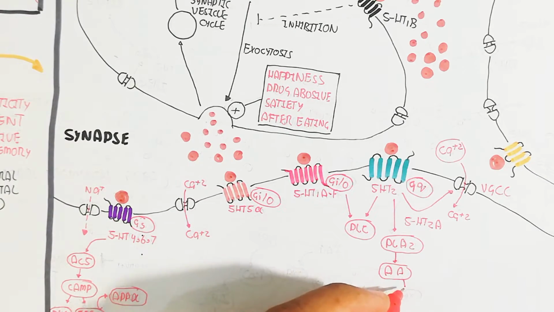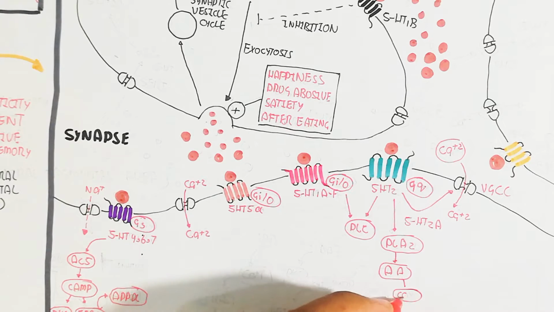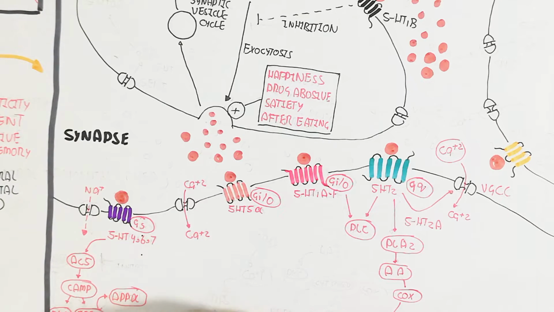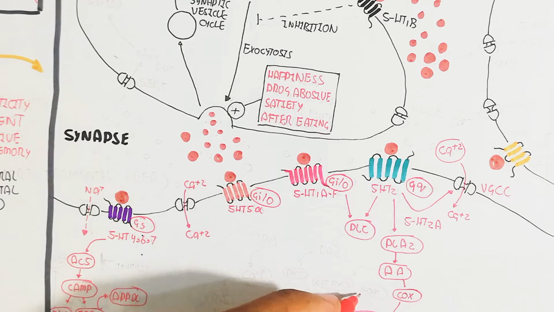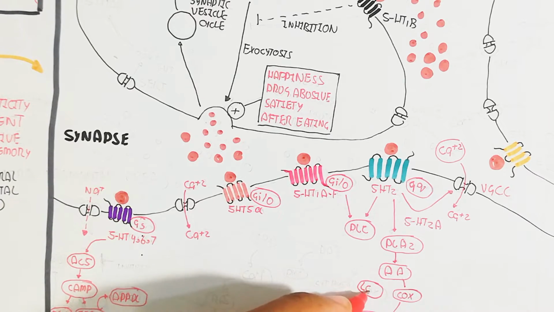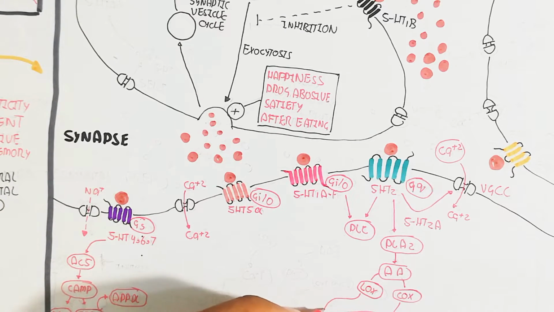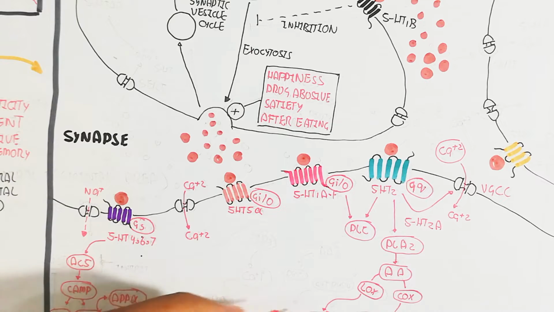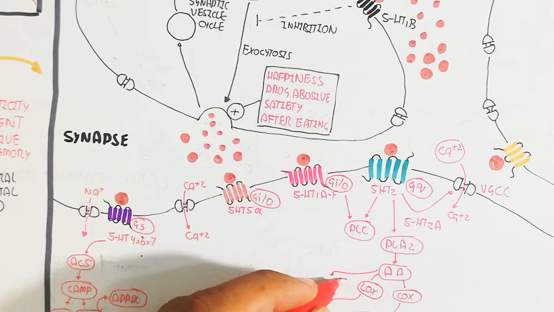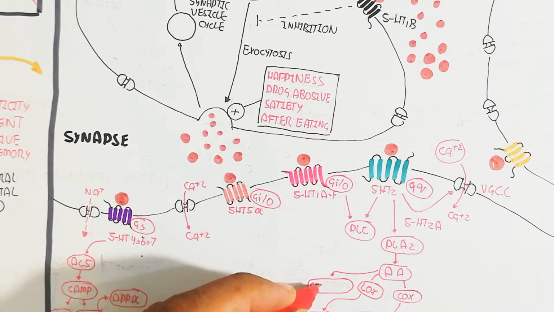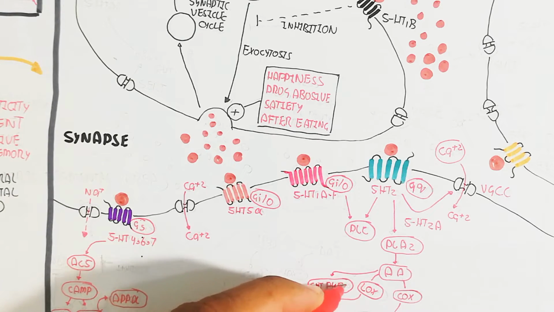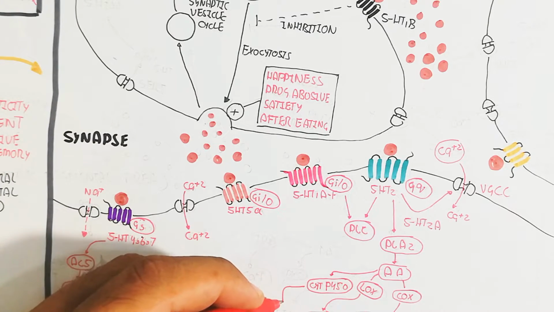So here you can see the voltage-gated calcium channel, which allows the influx due to the triggering through the 5-HT2 receptor. While here you can see the arachidonic acid, phospholipase A2, which will trigger, and in this way triggers COX and LOX basically, and cytochrome P450 is triggered here.